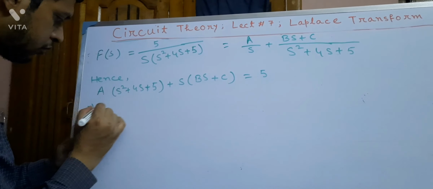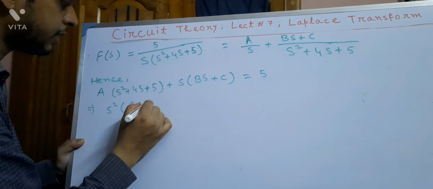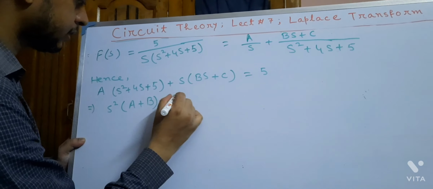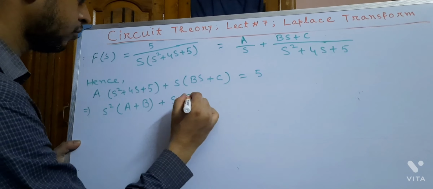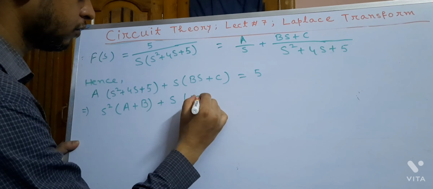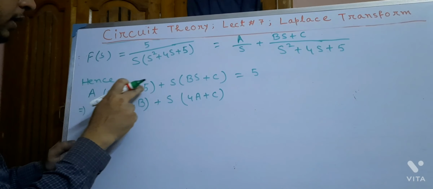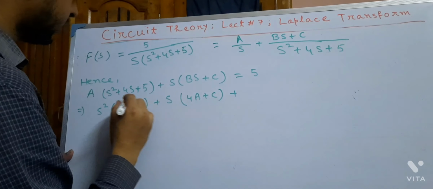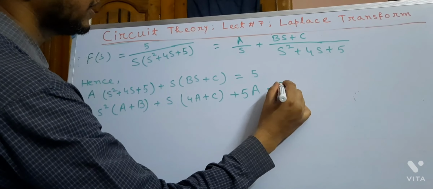So s square into (a plus b) plus s into (4a plus c), that is 4as plus sc, plus 5a is equal to 5.